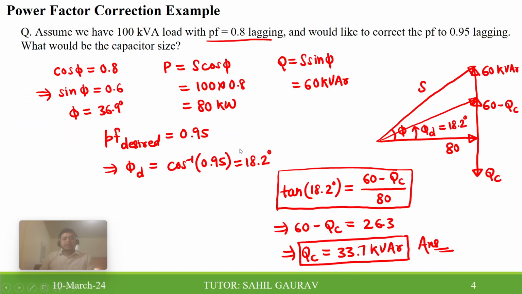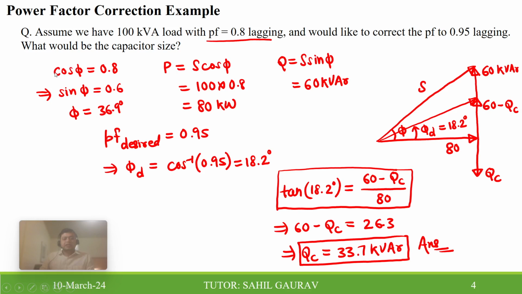One example for power factor correction is this: let us assume we have a 100 kVA load with a power factor of 0.8 lagging, and you would like to correct this power factor to 0.95 lagging. What would be the capacitor size?